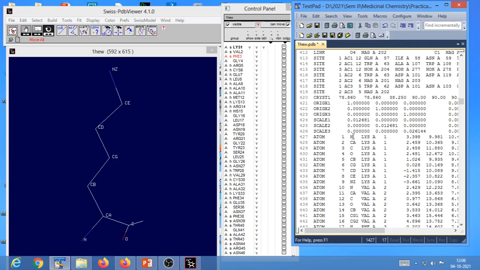This nitrogen is represented over here in 3 dimensions. Then you have the C alpha carbon atom that is attached to this nitrogen. Then you have this carbonyl carbon atom that is attached to the C alpha carbon atom. This is the carbonyl carbon. To this carbonyl carbon you have attached the oxygen, which is this.